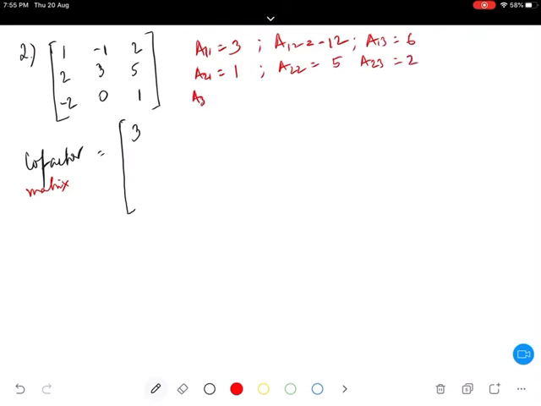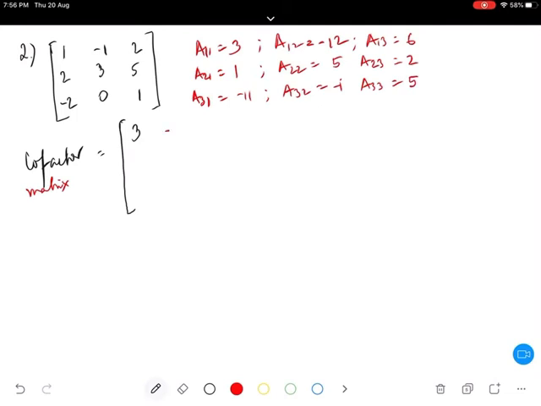Acha, A31 is what? A32 is what? Are you sure? Yeah, minus 1. And A33 is what? Fast.